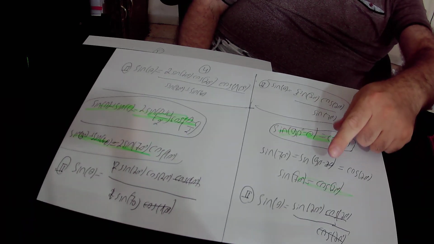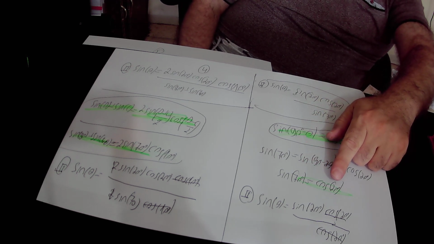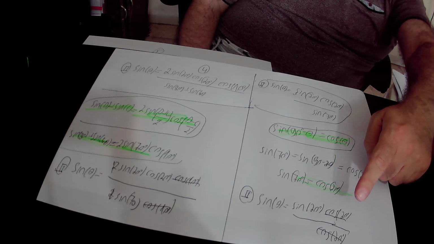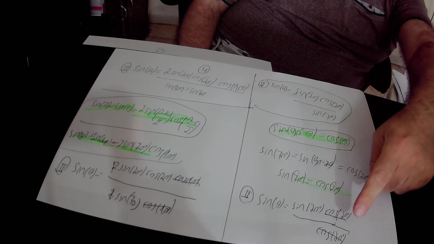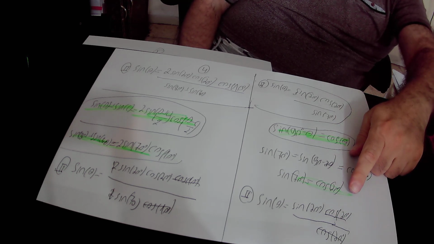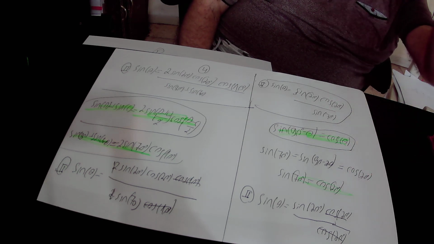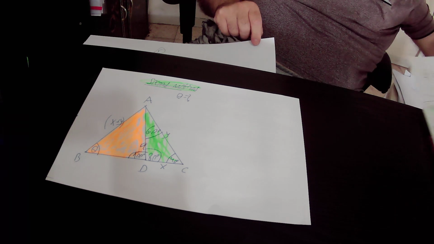So sine theta equals sine 20 degrees times cosine 20 degrees over cosine 20 degrees. Cosine 20 degrees in the numerator and denominator gets cancelled.